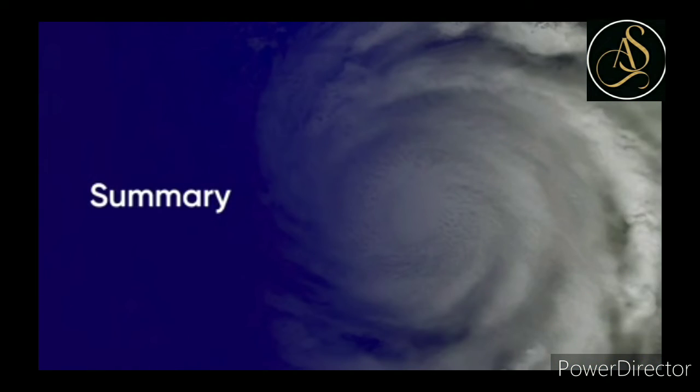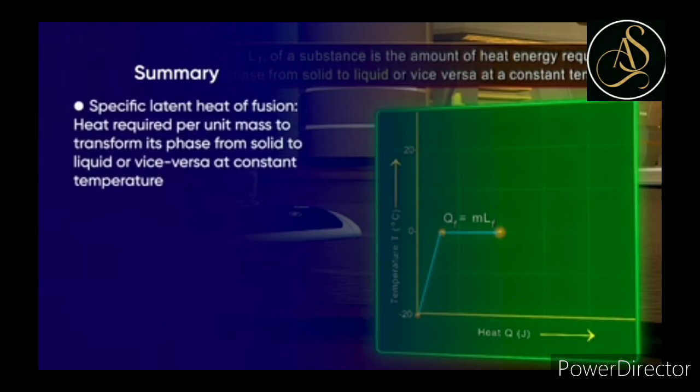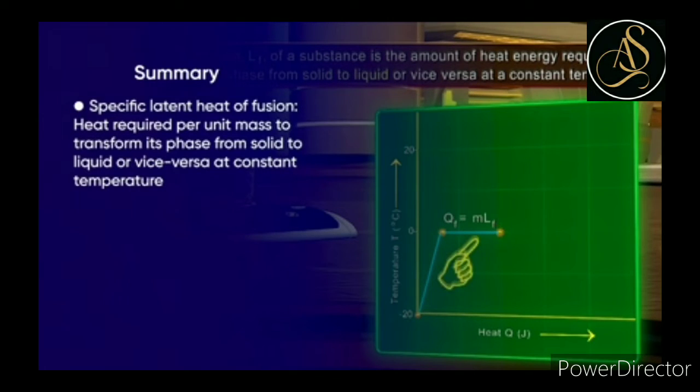To summarize, specific latent heat of fusion of a substance is defined as the amount of heat energy required per unit mass to transform its phase from solid to liquid or vice versa at constant temperature.